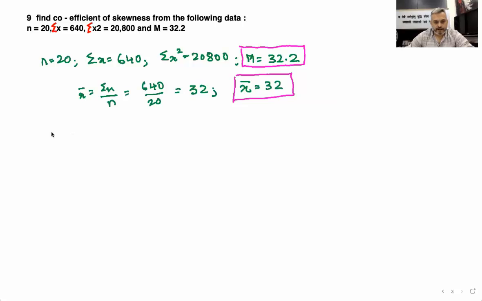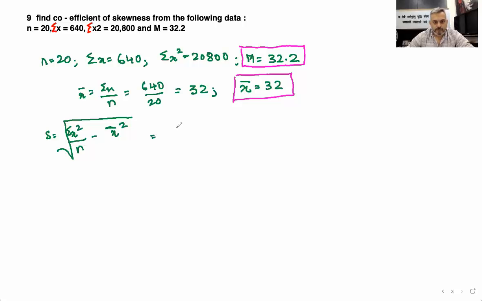Now standard deviation S is equal to under root of sigma x square upon n minus x bar square, or you can even do sigma x upon n the whole square, which ultimately means x bar the whole square.